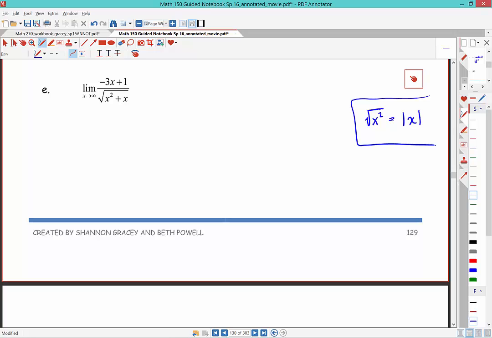So what's going to happen here is that this one will end up being the limit as x approaches infinity of our negative 3x plus 1, and then the square root of x squared plus x. And what we're going to do is basically divide by the square root of x squared for both of these guys.